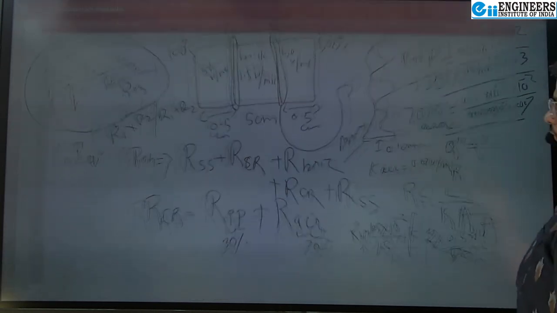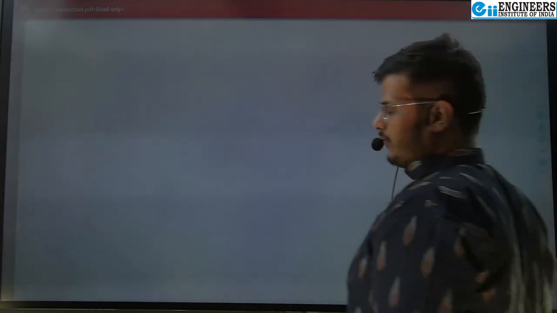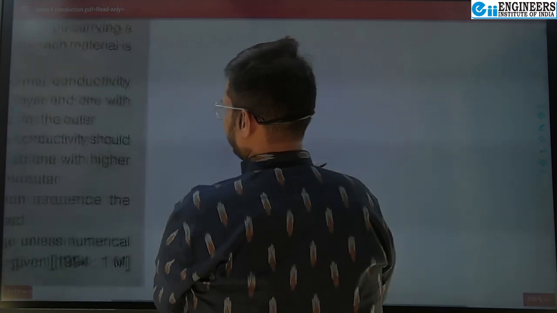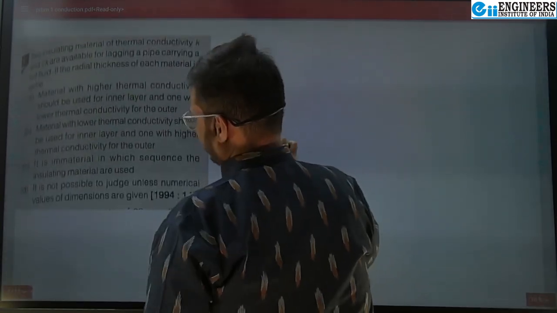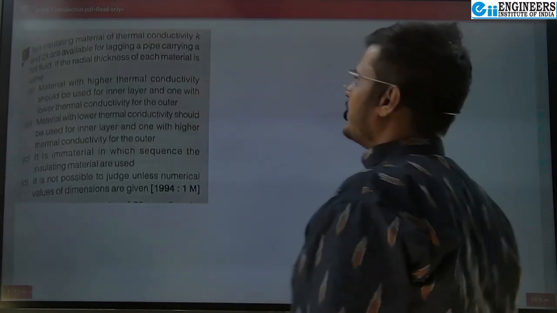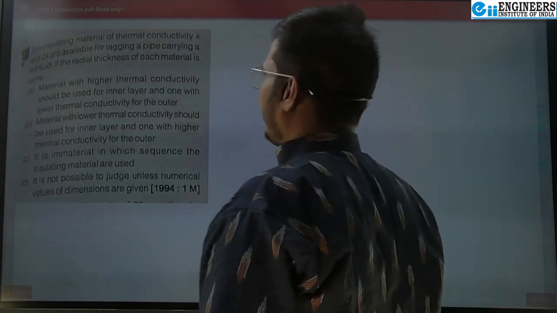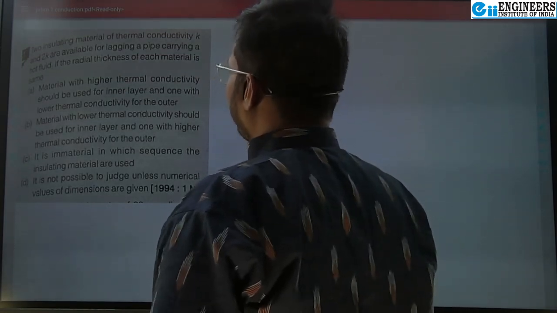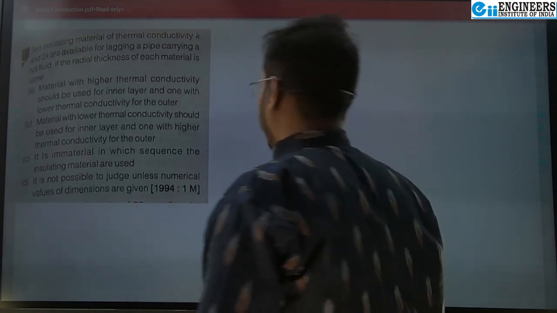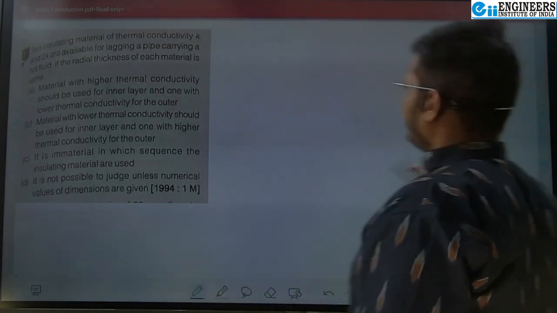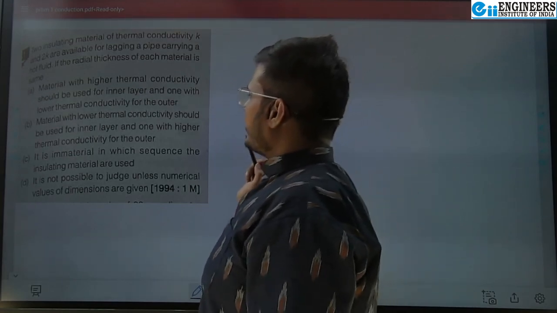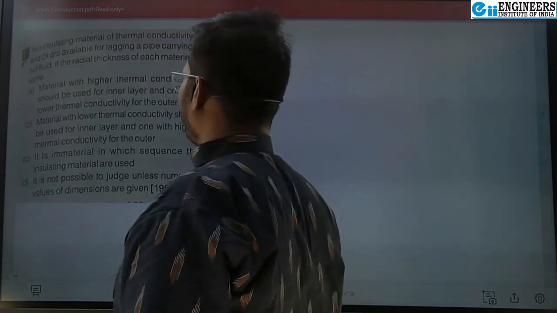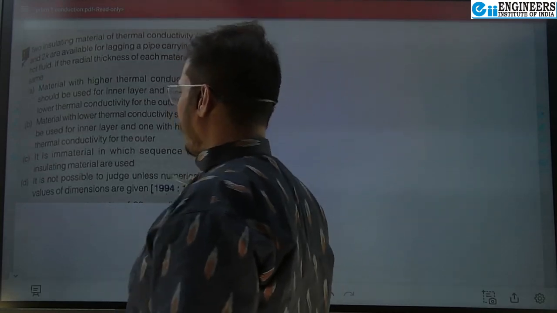Fine. Now we will move on to solving our first problem that has been asked in our GATE examination. The problem is: two insulating materials of thermal conductivity K and 2K are available for lagging a pipe carrying a hot fluid. If the radial thickness of each material is the same, then material with higher thermal conductivity should be used for the inner layer with the one with the lower thermal conductivity for the outer.